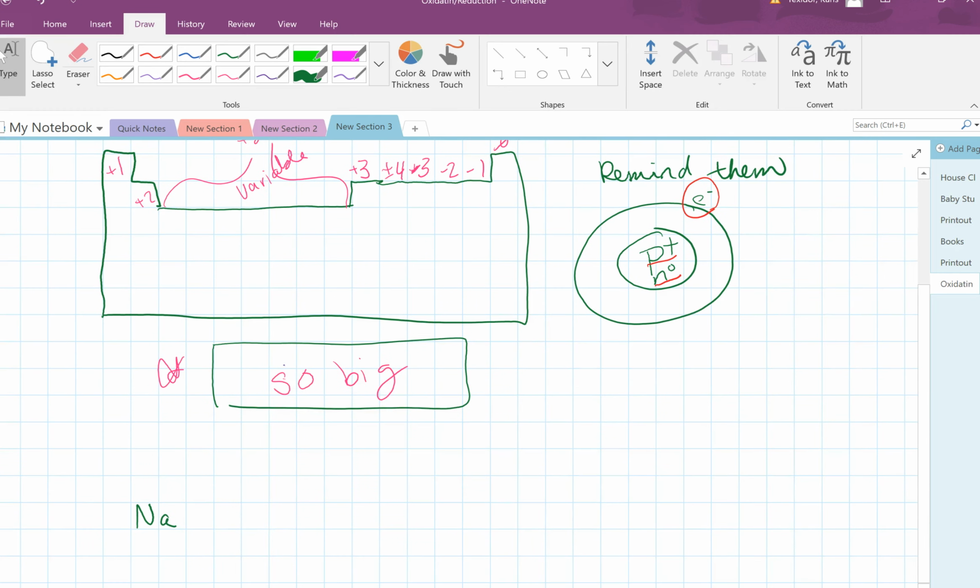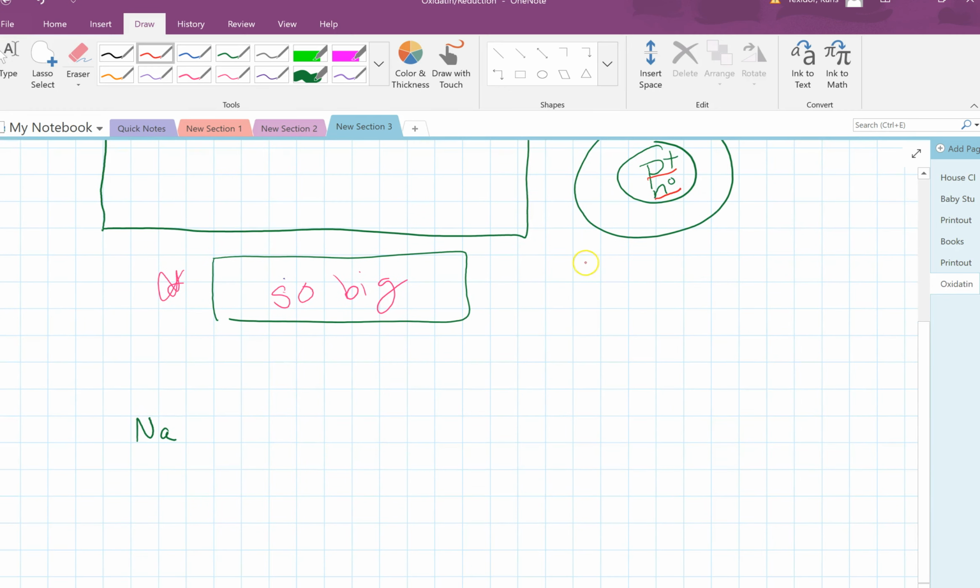So with sodium, also remind them an element has a charge of 0, a pure element, because it is an equal number of protons and an equal number of electrons, so they cancel each other out. Okay.